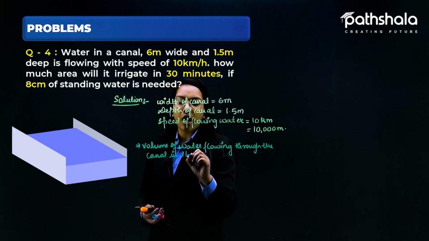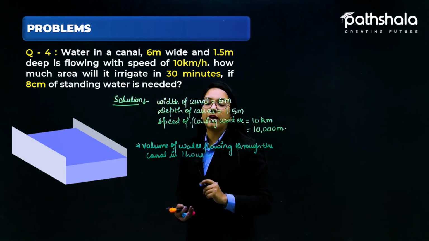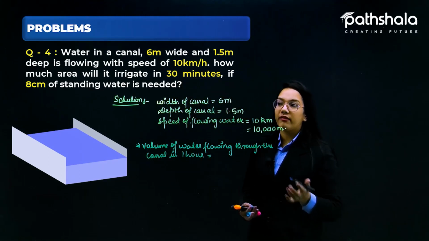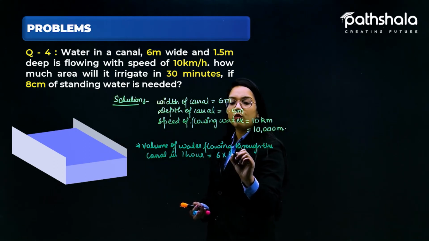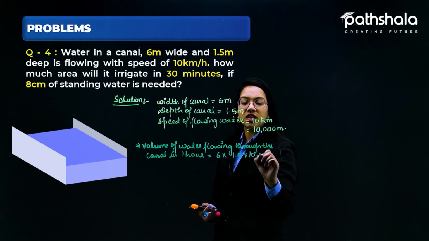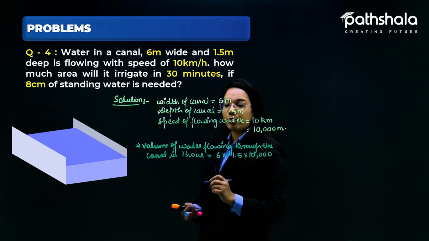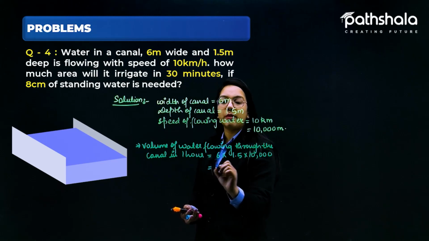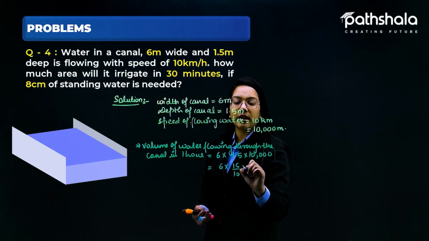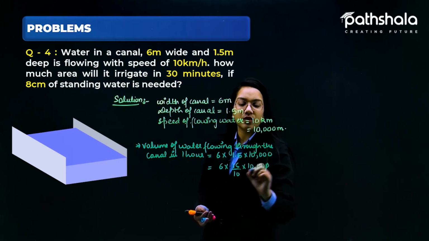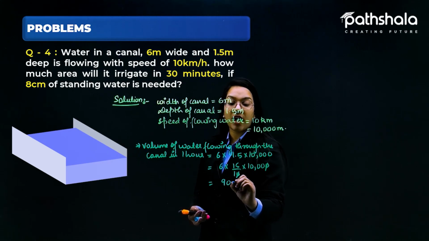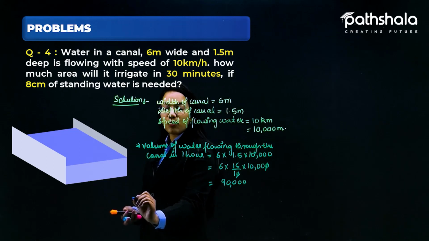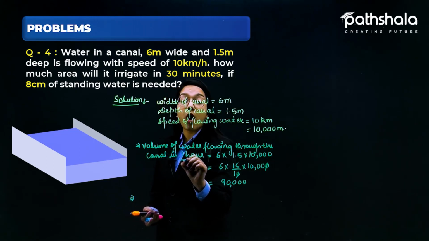It is equal to the width, the depth and the speed of the flowing water, which is 6 into 1.5 into 10,000. Sorting it out, this is 6 into 15 by 10 into 10,000. The zeros cancel. 15 and 6 give 90, and with the remaining zeros it is 90,000. So this is the volume of water flowing through the canal in 1 hour.